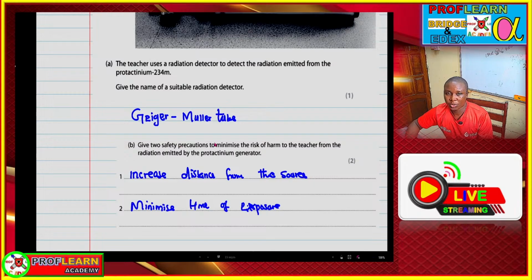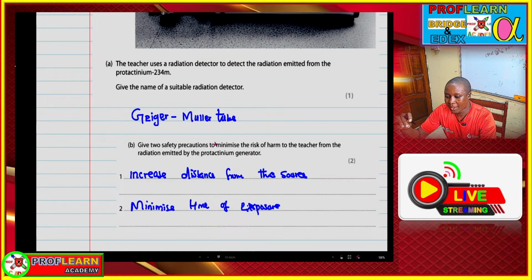Give safety precautions. When you are using radiation, remember it is harmful. It can cause cancer, and it can cause ionization of blood. So when you are performing experiments with radiations or radioactive substances, ensure that you keep a safe distance from them.